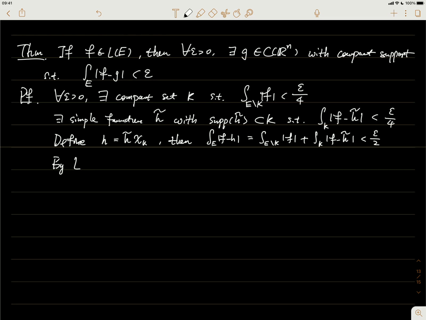So by Lusin's theorem, there exists a set f that is a subset of k, and a continuous function g defined on E with support also inside k, such that, well, I should say that for delta to be the measure epsilon over 4m.